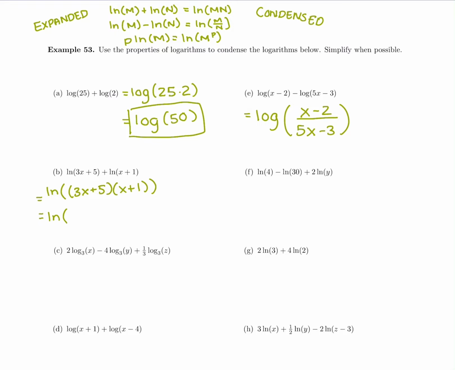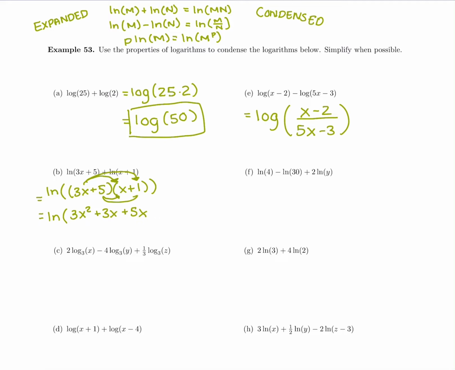The division one was nice. We didn't actually end up having to simplify anything with that one, but now we have to actually distribute this. So we can FOIL or distribute: 3x times x is 3x squared for my first. My outer 3x times 1 is going to be 3x. My inner 5 times x is 5x.